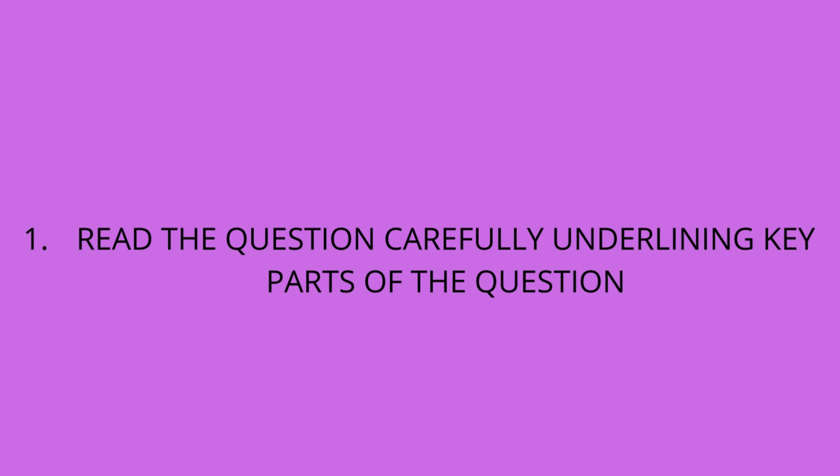So you are to identify these expressions, those words and phrases, and not just identify them. You must know where those phrases are used with a view to answering correctly. So the first thing is to read the question carefully, and not just read carefully, but underline key parts of the question.